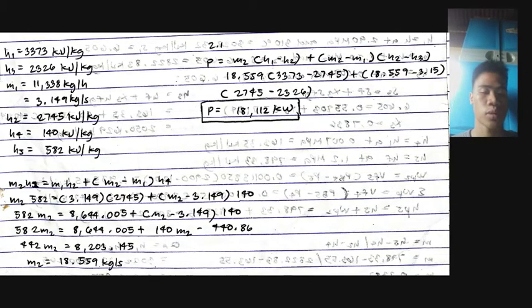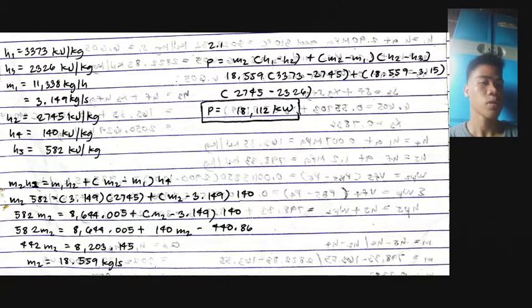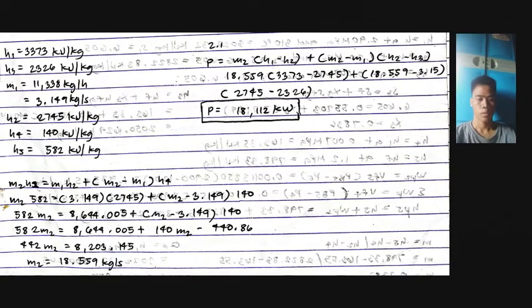So substituting the given data and using transpose method and calculating it, M sub 2 will be 18.559 kilogram per second. So since all the data was already given, we need to substitute it all. Our P or turbine output in kilowatts will be 18,112 kilowatts.